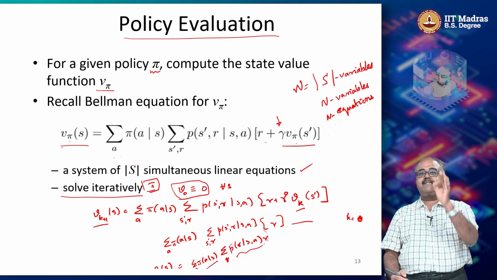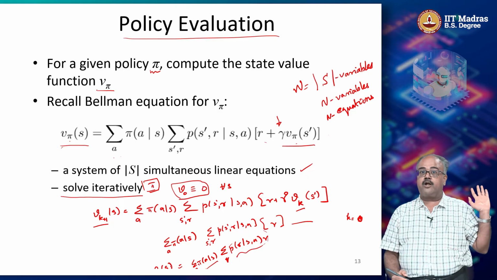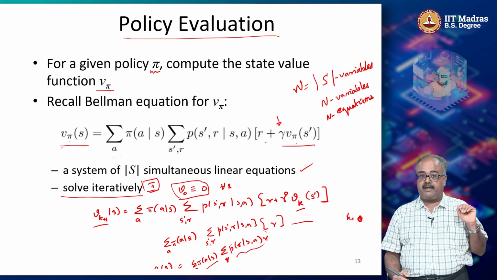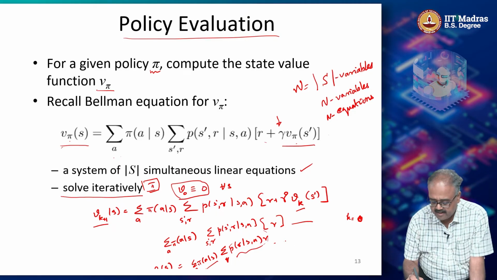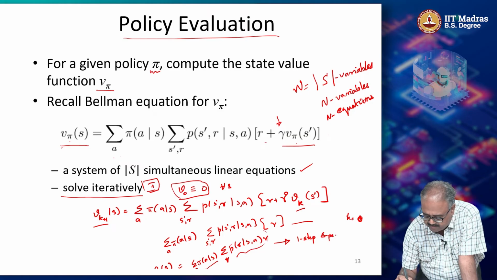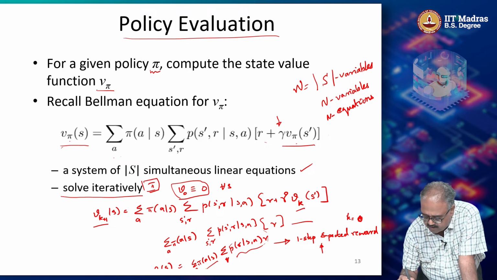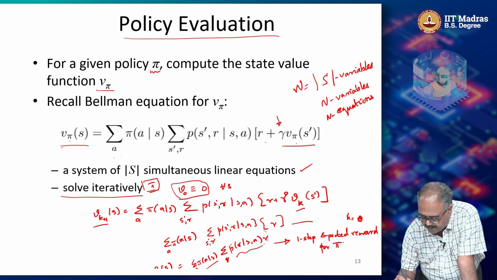I'm just taking one step and I'm looking at the expected reward when I'm taking actions according to my policy pi. What it says is this is the one step expected reward for policy pi.